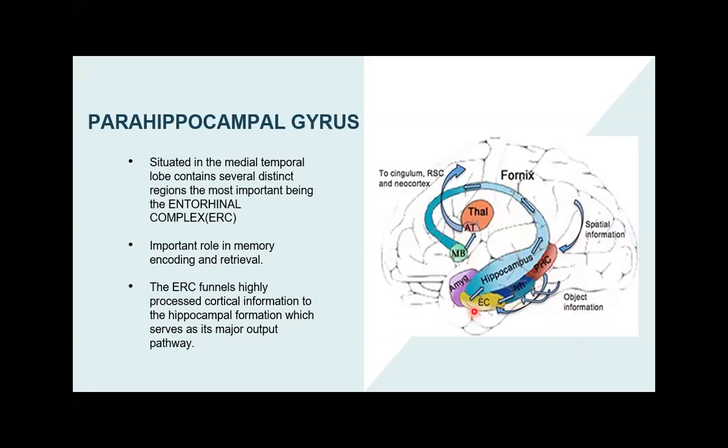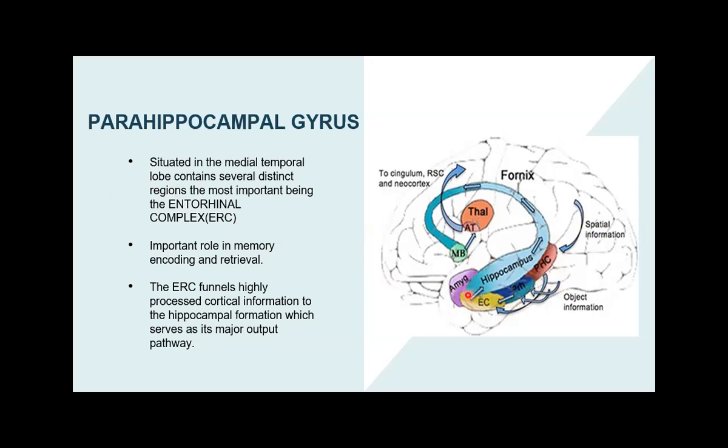So this structure is the hippocampus, and near to the hippocampus there is the parahippocampal gyrus. The parahippocampal gyrus is divided into the entorhinal complex, which is the major portion, this one, then the perirhinal complex.